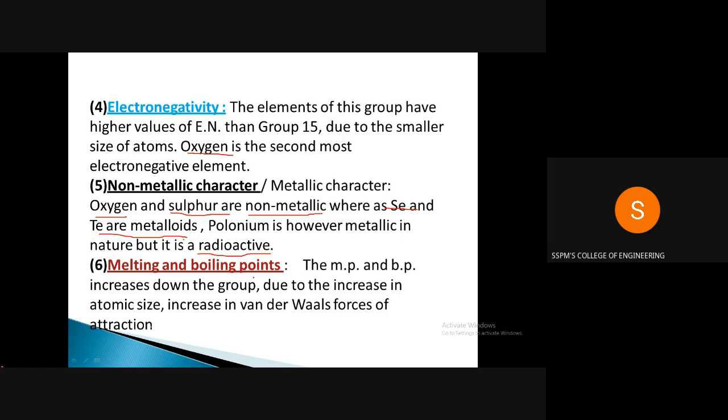Then melting point and boiling point increase down the group, but the exception is polonium and tellurium. Remember this exception: polonium has a lower boiling point than tellurium.